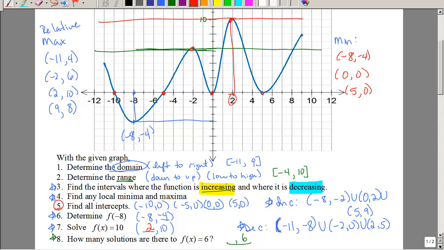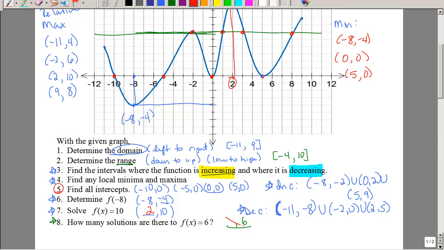I think we could count 1, 2, 3, 4 places. So how many solutions? I didn't ask what the solutions are. There are 4. If we wanted to find them out, they would be at about -2, looks like +1, close to 3, and right at 8.